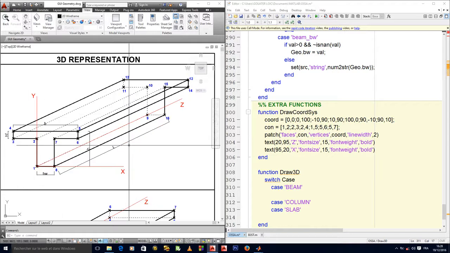The faces are drawn from the connection of vertices, as you may have learned.